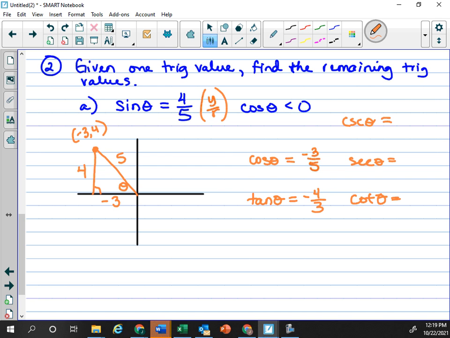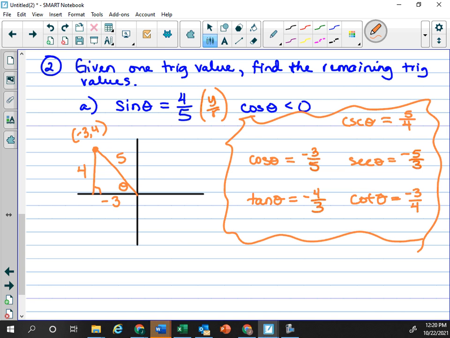The other 3, remember, they are just the reciprocals. So what's the cosecant going to be? 5 over 4. What about secant? Negative 5 over 3. And cotangent. Awesome. So if you take the time to set it up well, it's pretty easy to give the answers.